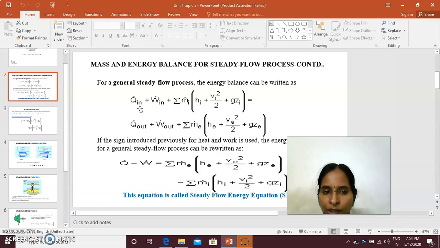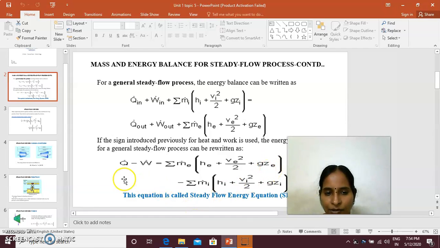If you are using more than one stream of fluid, then we can use the steady flow energy equation with respect to time. For single flow streams, it is better to apply the steady flow energy equation per unit mass. Here, heat in minus work out is equal to the change in energies of enthalpy, velocity and potential energy.